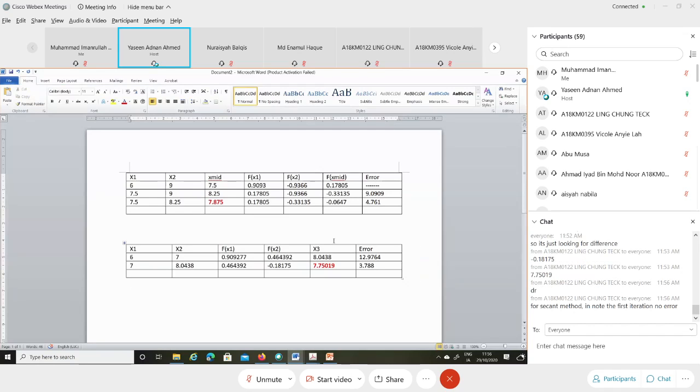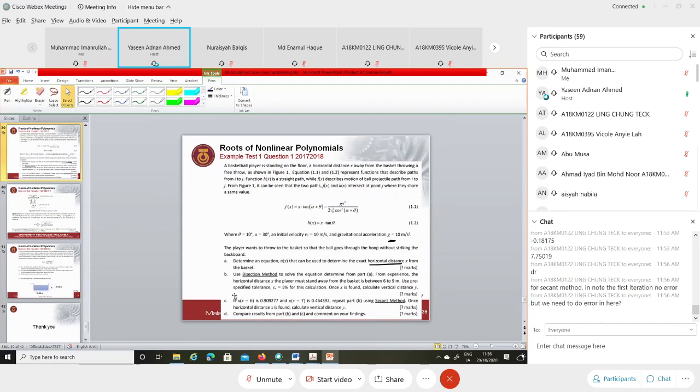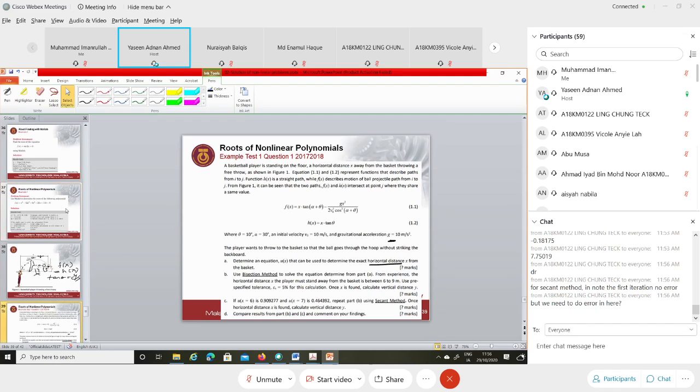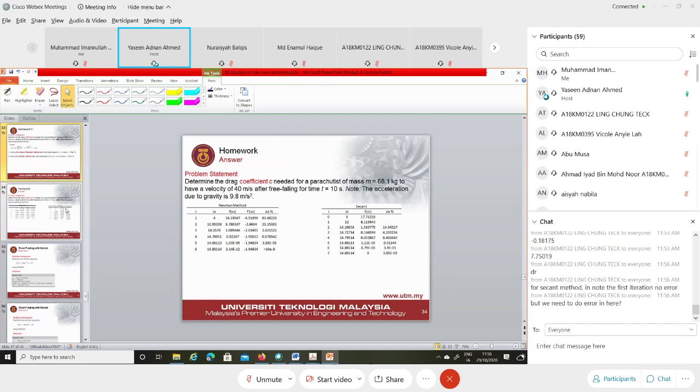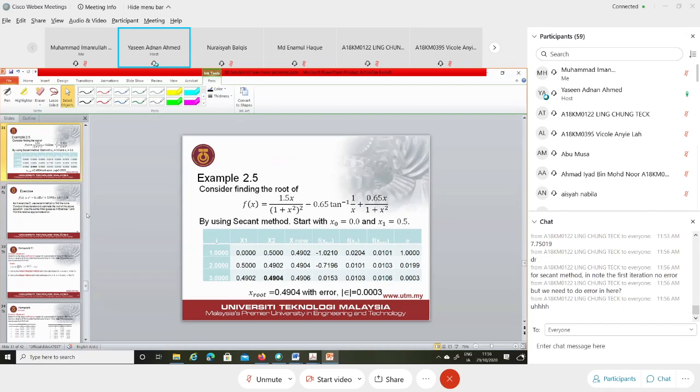You want to say anything? For the second method, in the first iteration, there is no error. Which page? So we need to do the error here. Second method, no error. Where? Here. We have error.